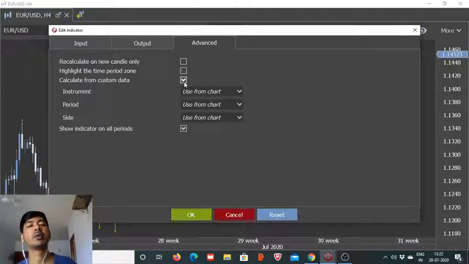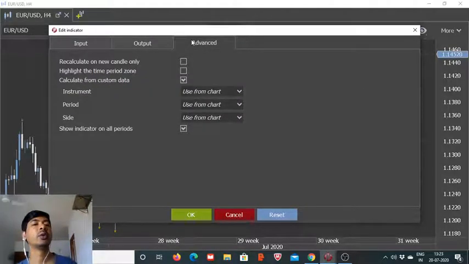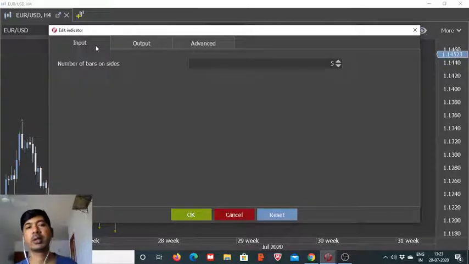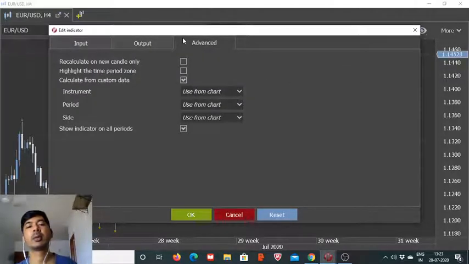Suppose we use side from chart, okay, and we want to use a different applied price, but as you can see here, it's not being provided.